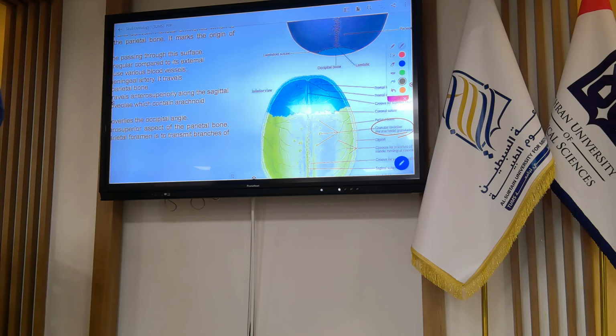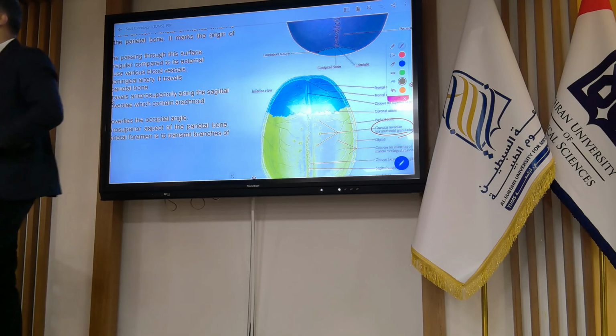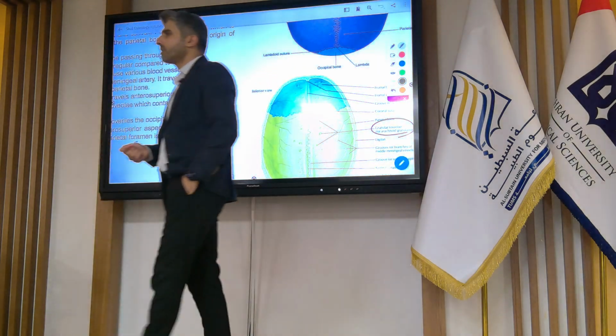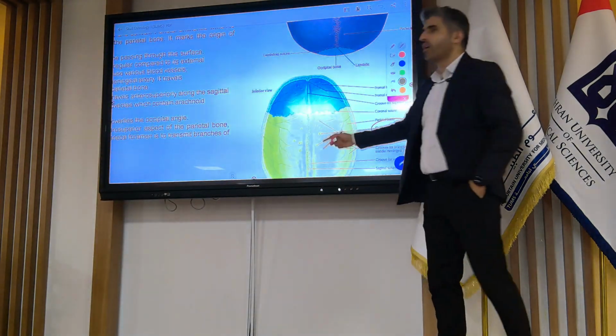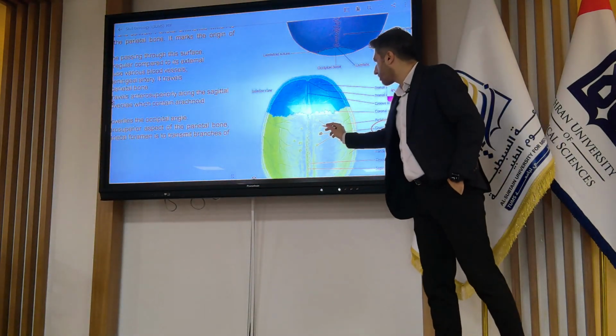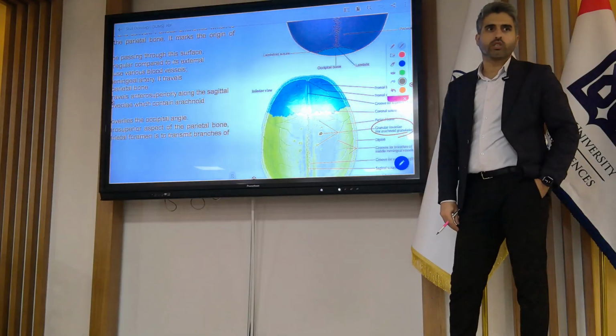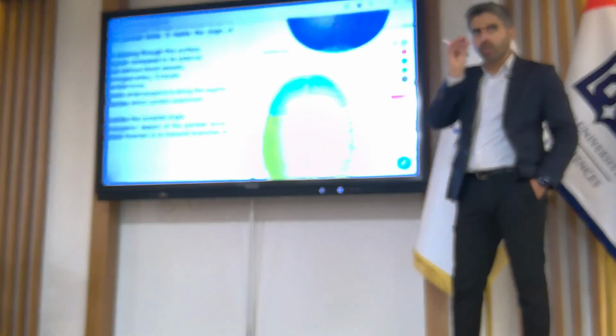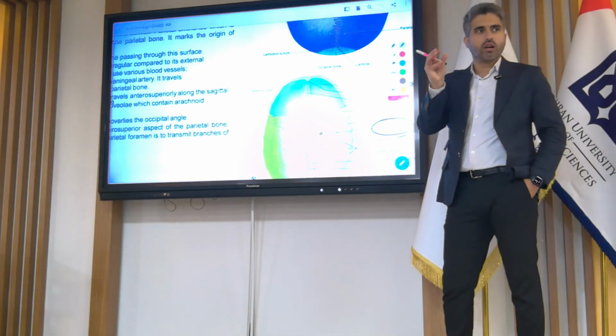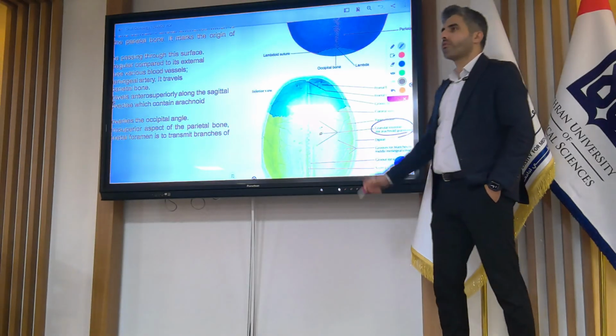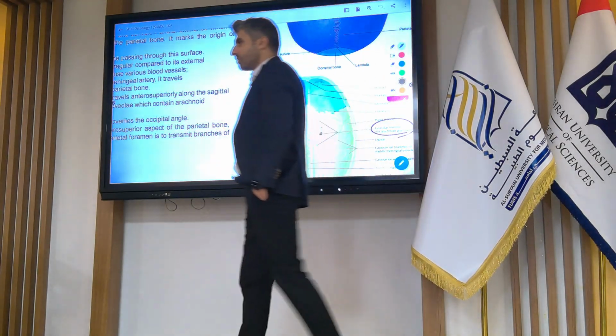We have some granules in the arachnoid. They collect this CSF and send it to the vein. We call them arachnoid granulation. They are in the arachnoid because CSF is in the subarachnoid space. And these locations are a space for these granules. The name of this fossa, because they are small, we say foveola. Granular foveola.